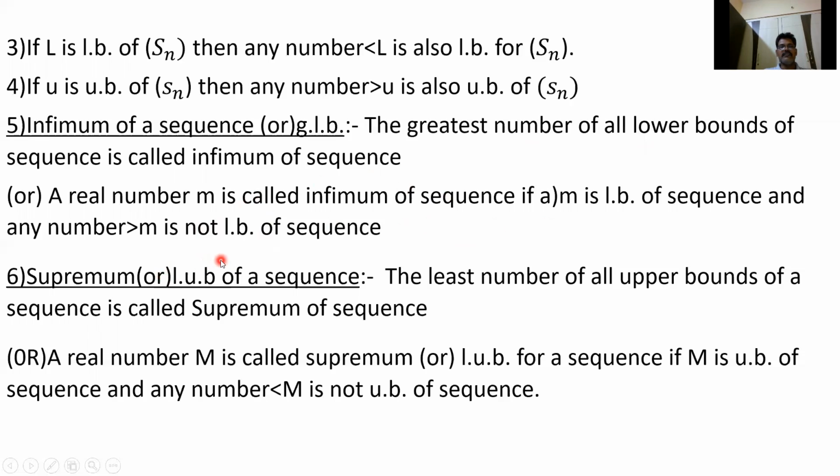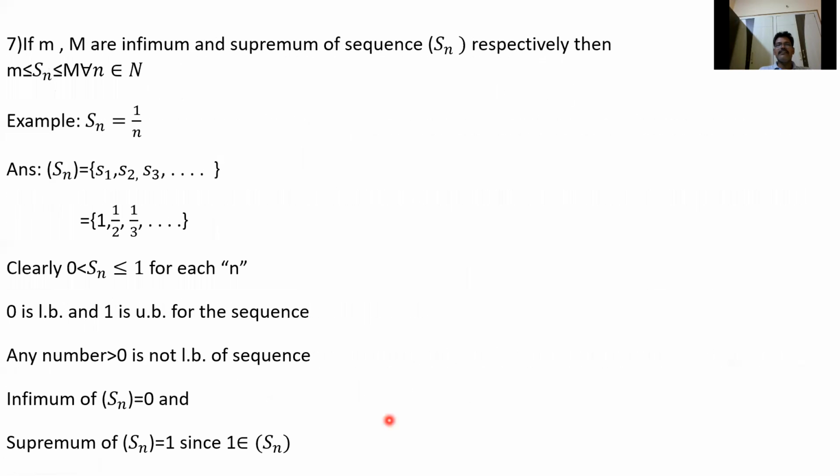And the supremum is the least of all upper bounds of the sequence, or a real number capital M is called the supremum or least upper bound if capital M is an upper bound of the sequence and any number less than M is not an upper bound. All these are useful in the next class.